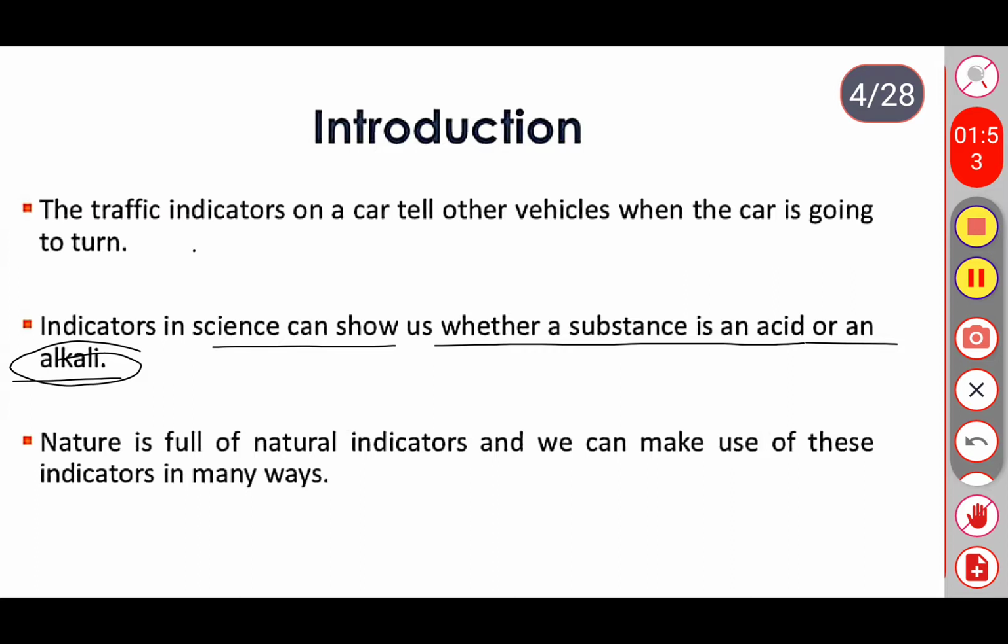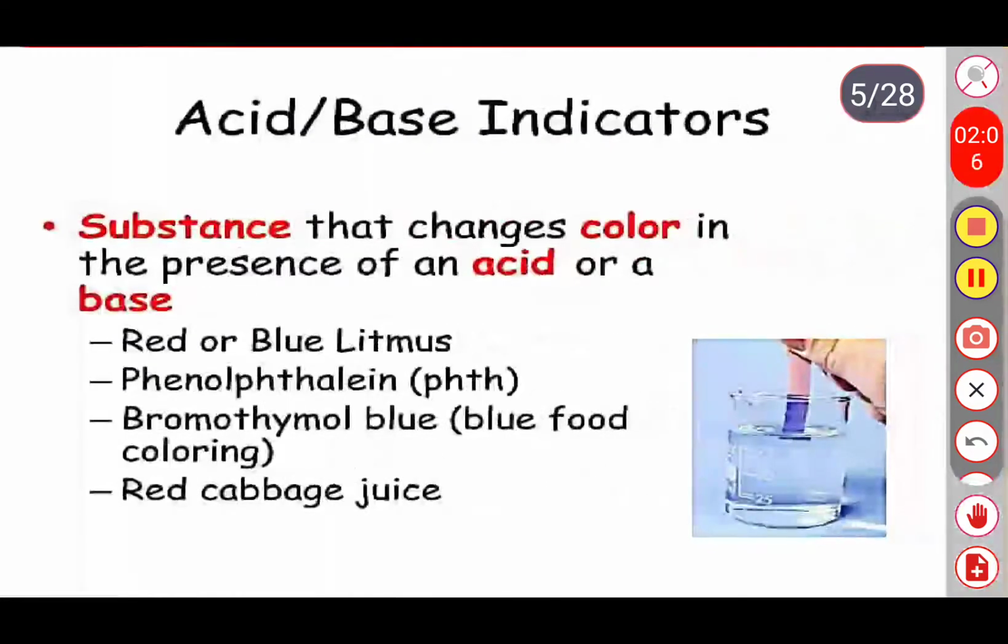Next one, nature is full of natural indicators and we can make use of these indicators in many ways. So acid and base indicators are the substances that change color in the presence of an acid or base.